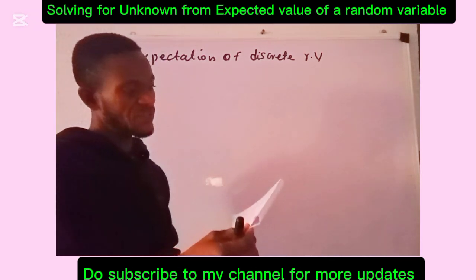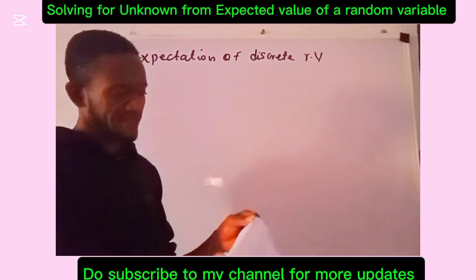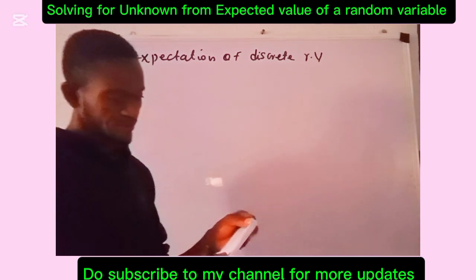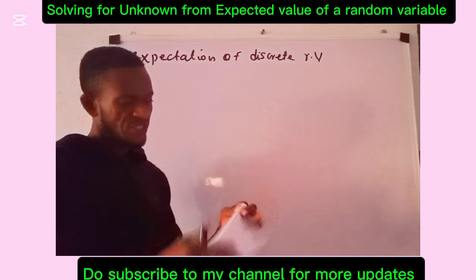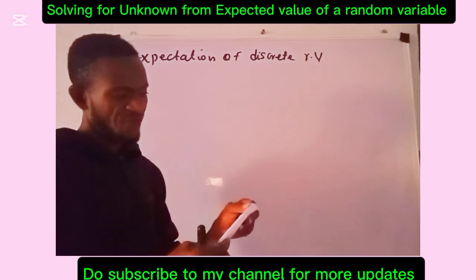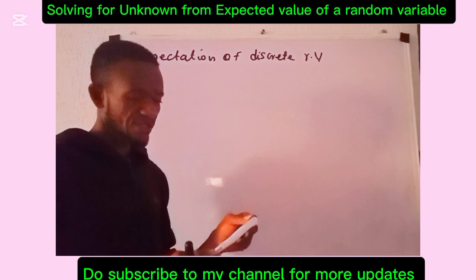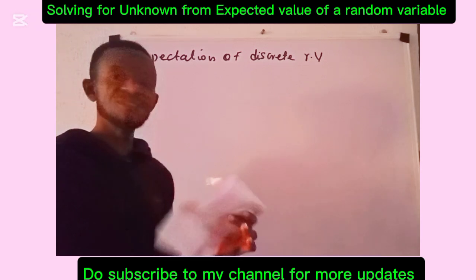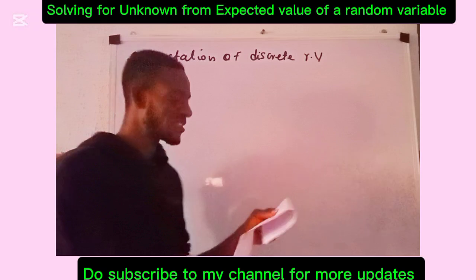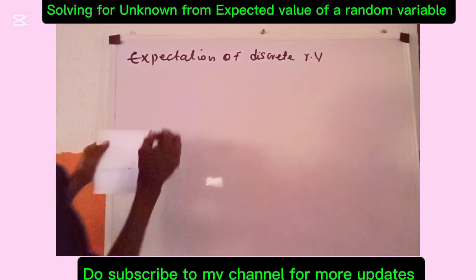The first question says, find the value of k for each of the following discrete probability distributions. Find the value of k.